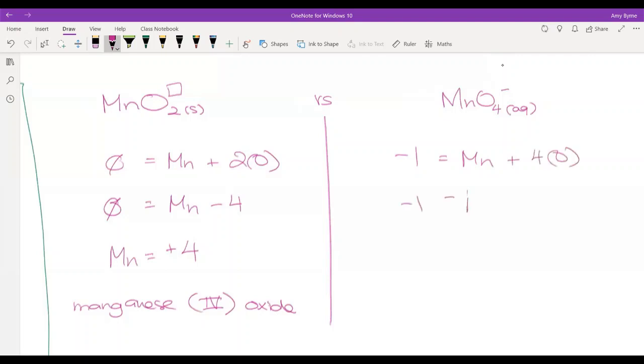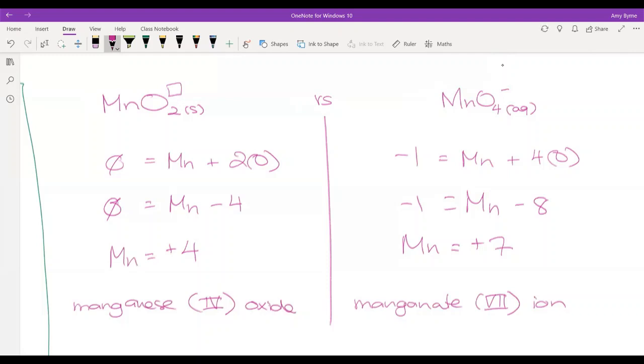So -1 is manganese, 4 times -2 is -8. So this has an oxidation state of Mn +7. So this is called the manganate 7 ion.